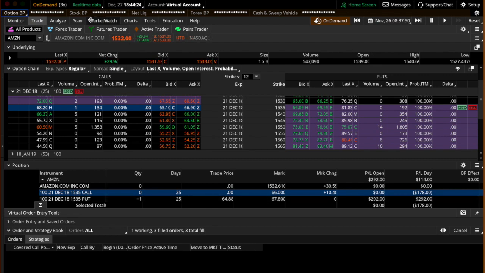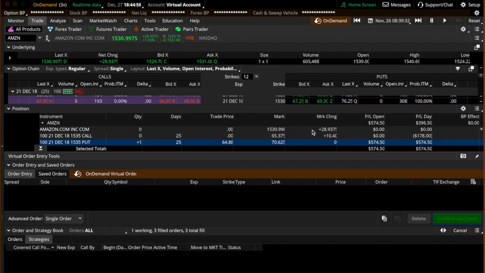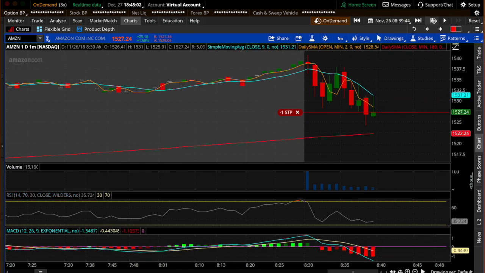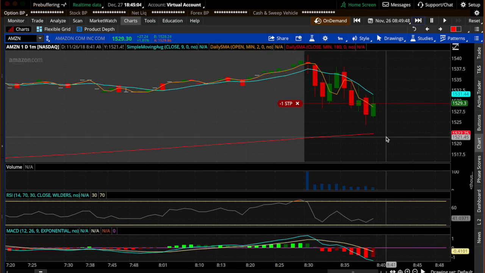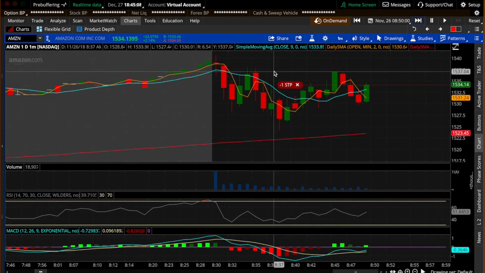So this one stopped out once it dropped below 67.50, and that's when it sold. Now I'm going to fast forward a little bit, because it's going to take a little while. I think it's at 53 or something like that when the price starts going up.